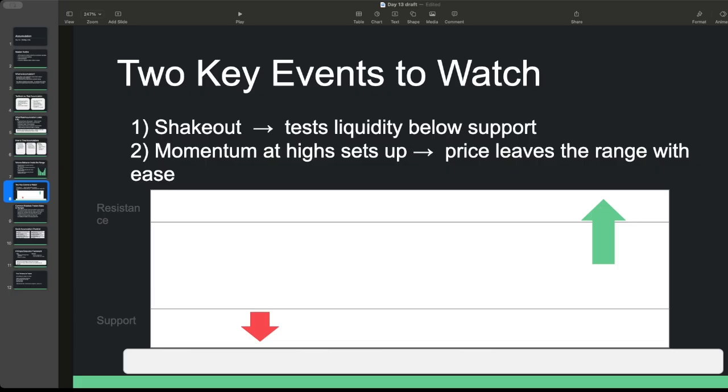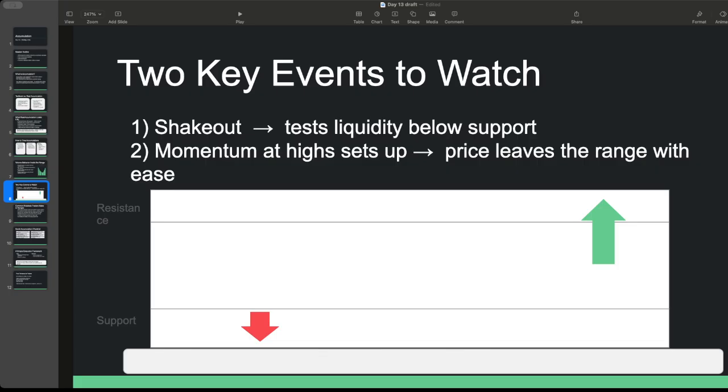You really want to see a failed breakdown and some sort of shakeout. That gives the setup a lot more juice as it shakes out the weak hands and lures in some late shorts that get trapped, and then they're forced to cover as the name breaks out of an accumulation, and that just adds a lot of fuel to the breakout. That is one key event that you really want to watch out for.